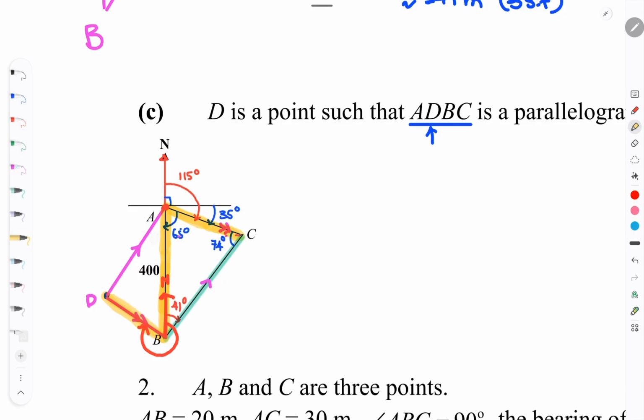With this Z shape, I know that angle DBA is actually 65 degrees. So I write my working down. To find the bearing, it's just 360 degrees minus 65 degrees, which equals 295 degrees.